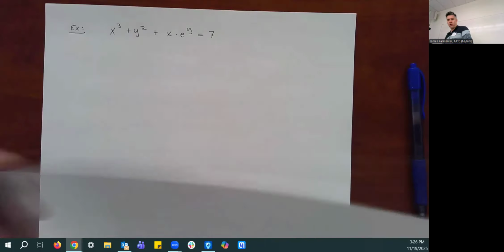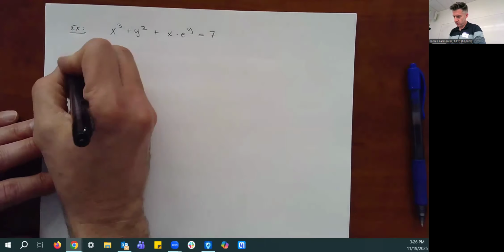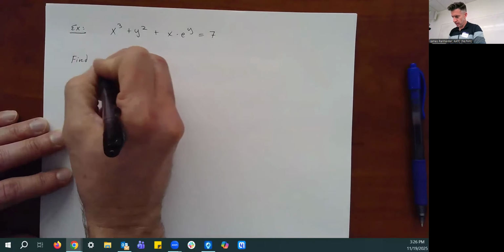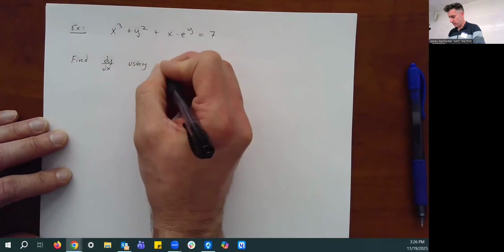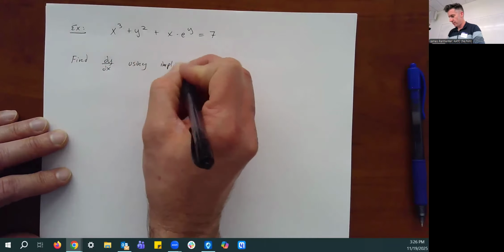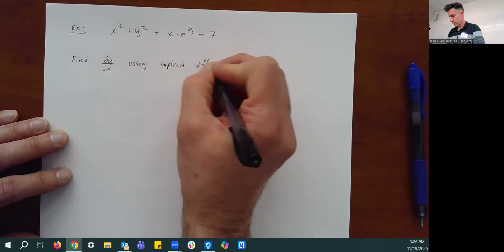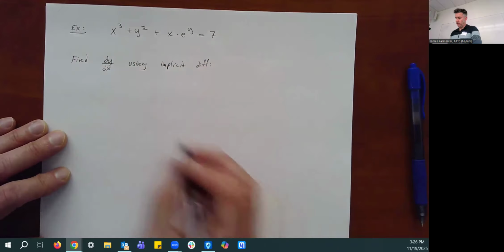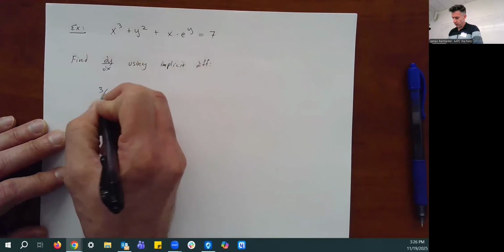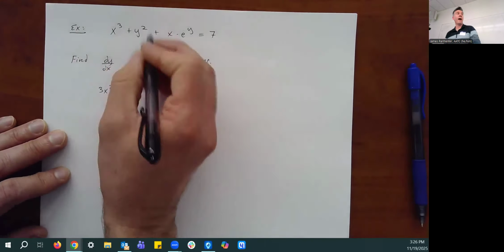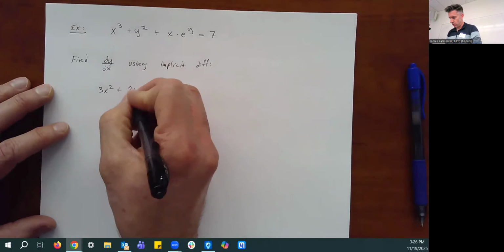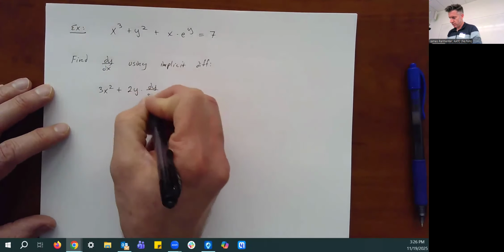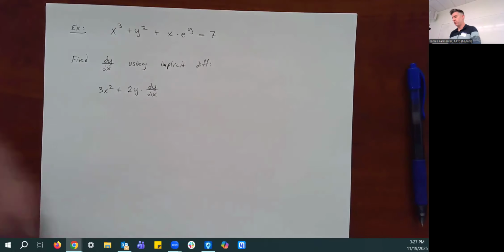Okay. And we're going to find dy dx just using regular old implicit differentiation from 21A. So let's see what we've got here. We're going to get 3x squared plus, we're thinking of y as a function of x, so the derivative of y squared is going to be 2 times y times dy dx, or y prime is what I would probably actually write, but okay.